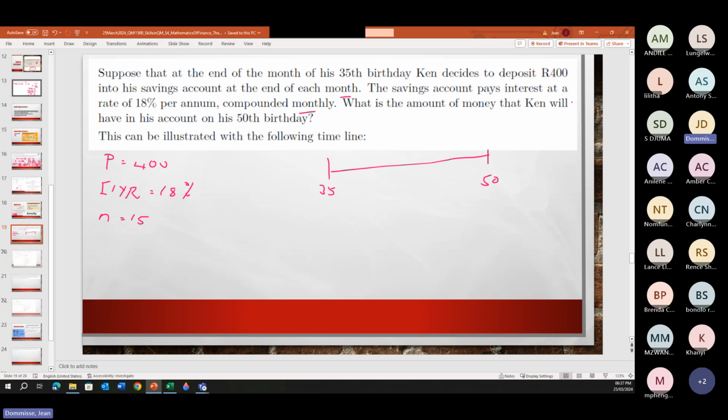Let's just look at how many times compounded monthly. So we know that the periods per year is 12. So we can work out a future value from that by using our financial calculators.